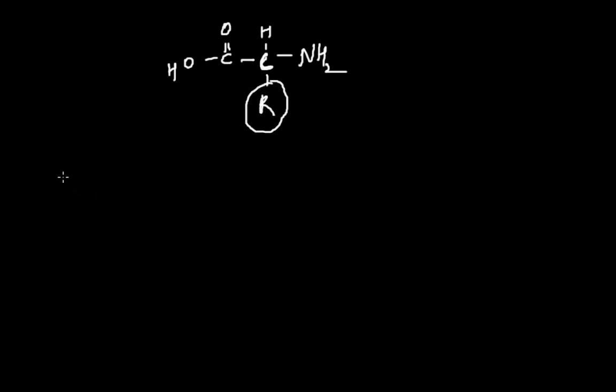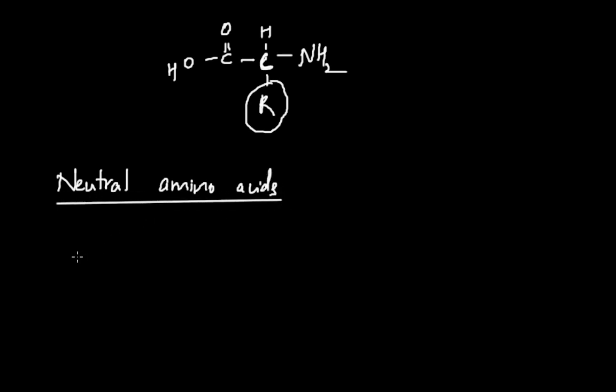The first is your neutral amino acids. Some examples of neutral amino acids are glycine, abbreviated as G or GLY.